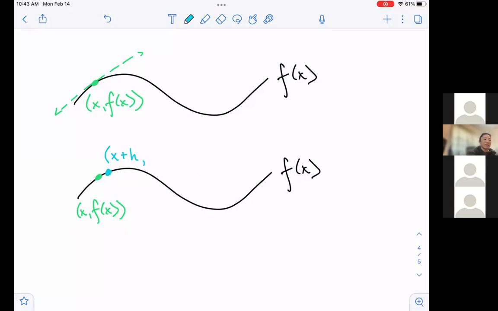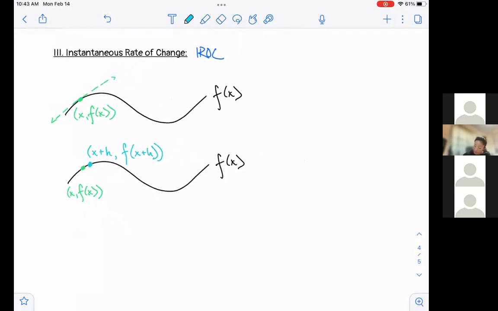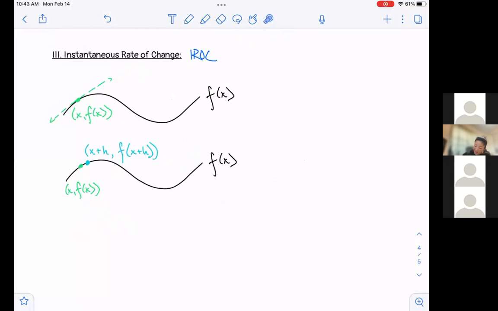Take the x value, you put it into the function, that's what you get. This is kind of like when Dallas said 29 and 31, and someone else said 55 and 63. We're choosing x values that are close together.